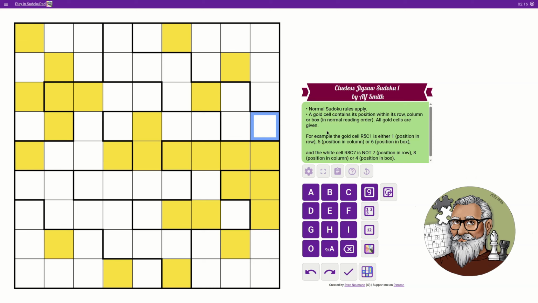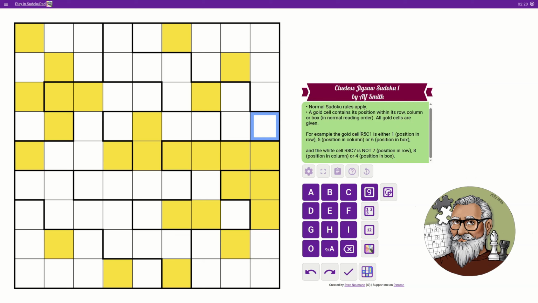Right. For example, oh, there is an example. For example, the gold cell R5C1, row 5, column 1, is either 1, position in row, 5, position in column, or 6, position in box. Right, yeah. 1, 2, 3, 4, 5, 6.